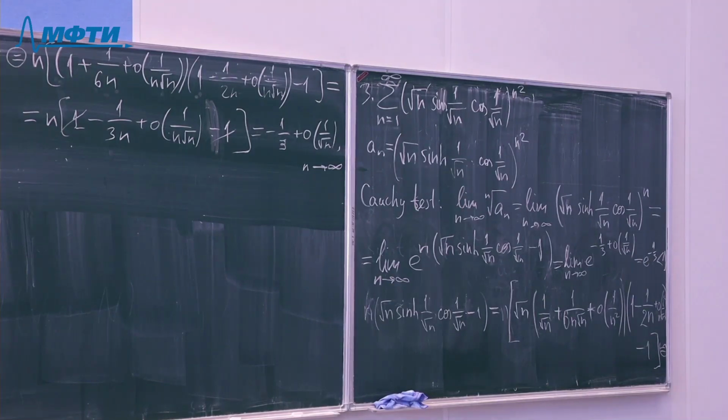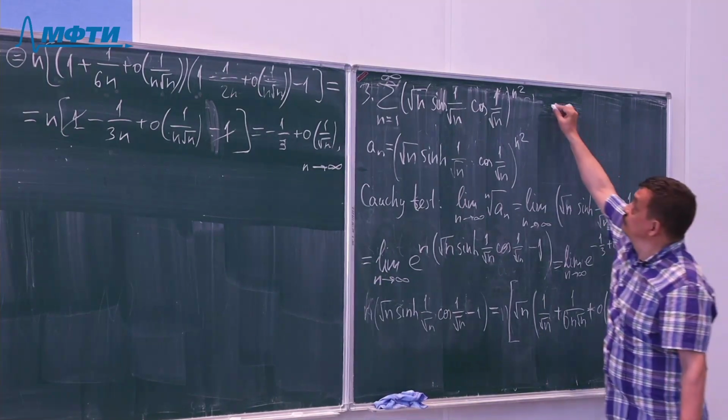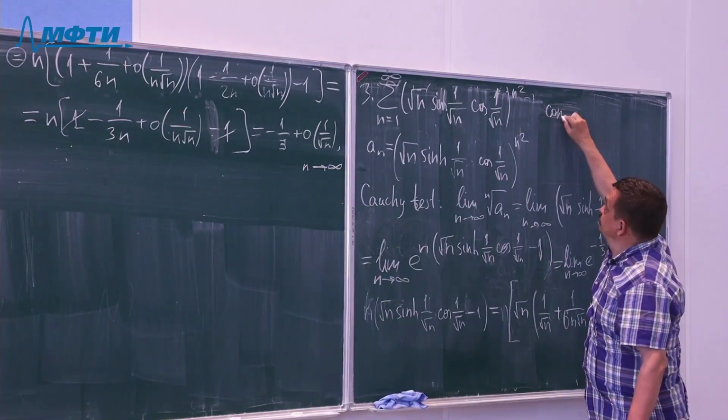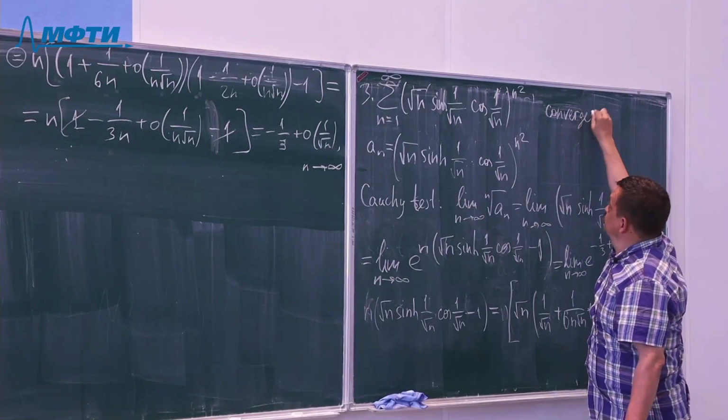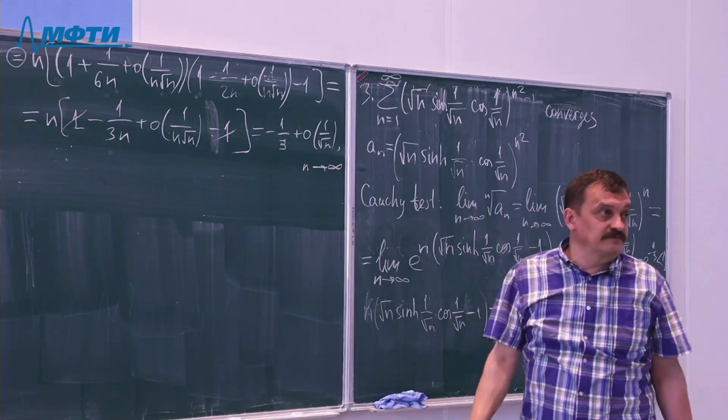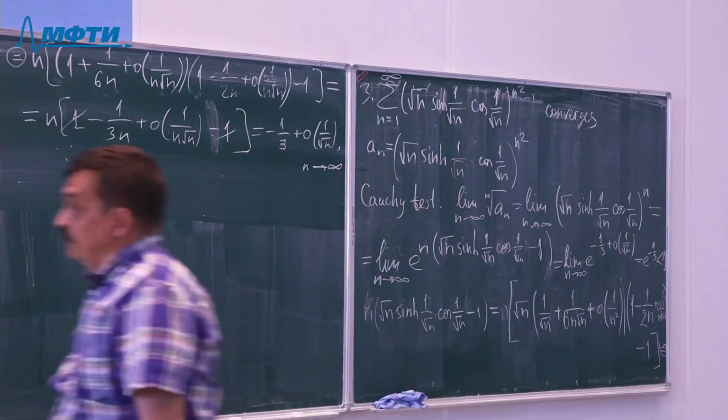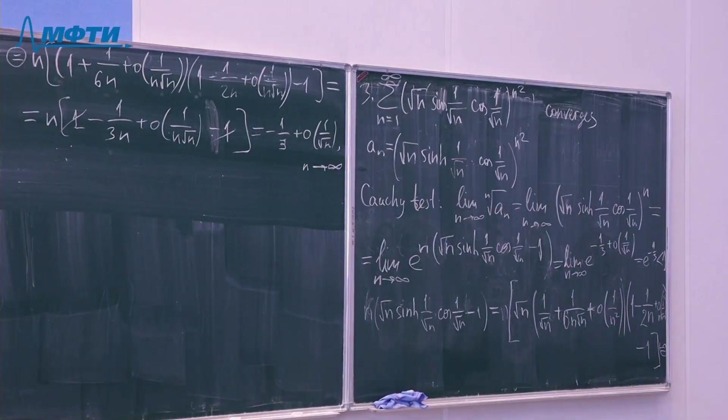This is less than 1, hence our series converges by the Cauchy test, right? So practically, the question is about how to use the Taylor formula, nothing else. You need to compute limits, nothing else. And of course, no Cauchy test. You should note.